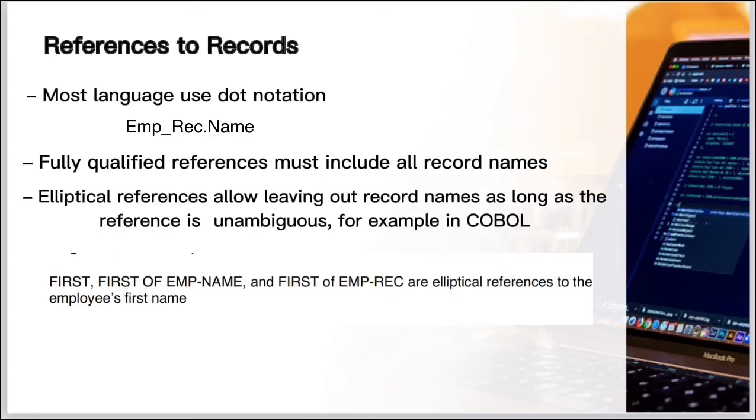Elliptical references are allowed, leaving out the record names as long as the reference is unambiguous, for example in COBOL: FIRST, FIRST OF EMP-NAME, and FIRST OF EMP-RECORD are elliptical references to the employee's first name.